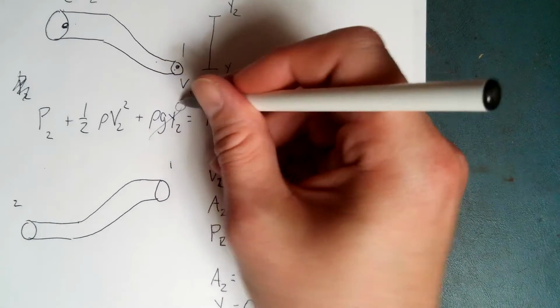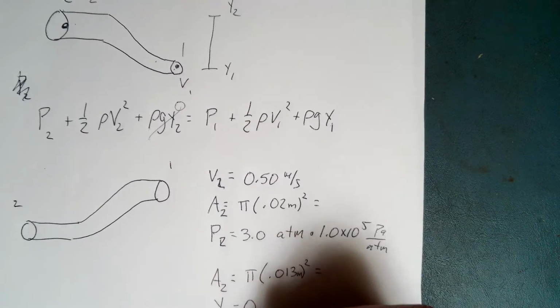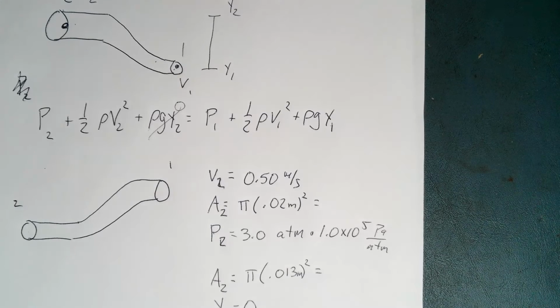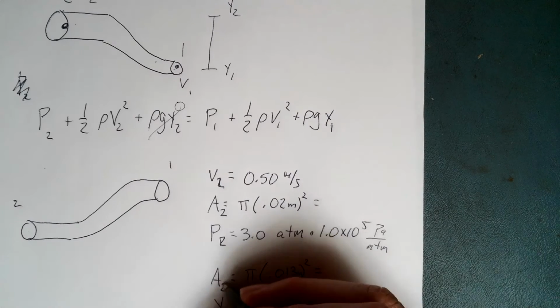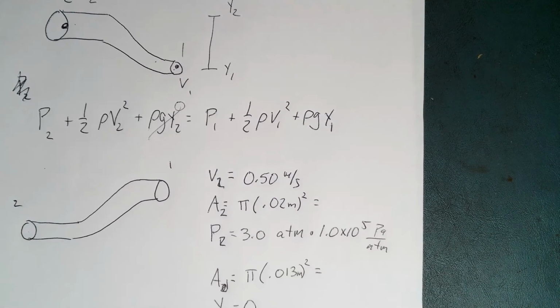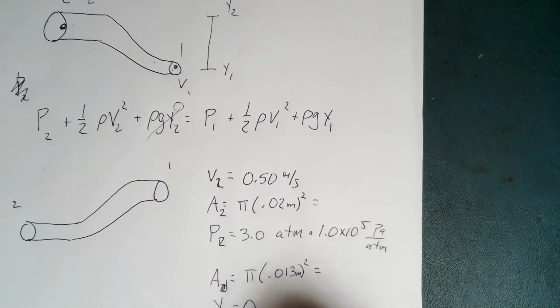So this whole term is 0, and Y1 is 5 meters. It's hard to keep track of what's what here. This needs to be A1, that's area 1. Now we don't know speed 1, and we want to know speed 1 and pressure 1.